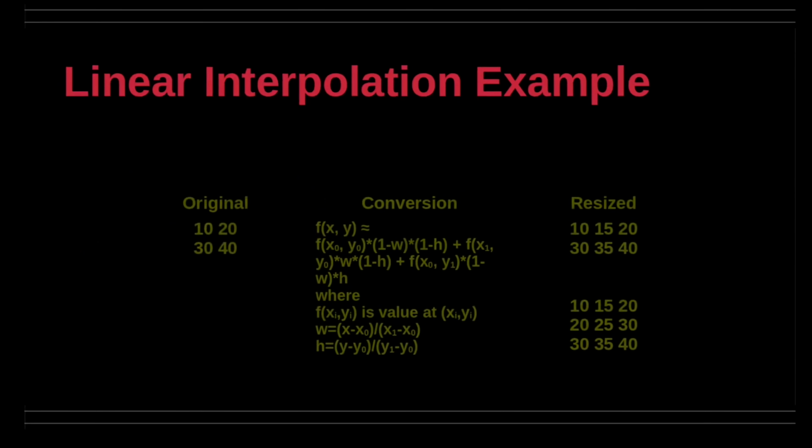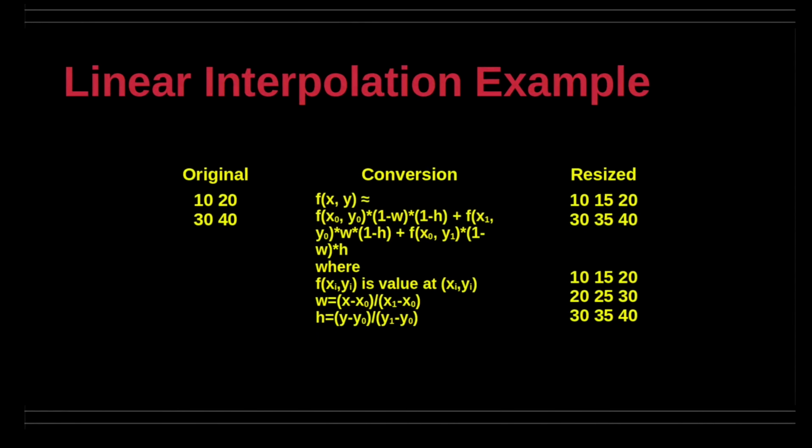The conversion formula for linear interpolation is shown in the middle column of the table in the slide. The original image is a 2 by 2 matrix to keep the example simple. In the resized column, we add the left and right numbers from the original set and divide by 2.